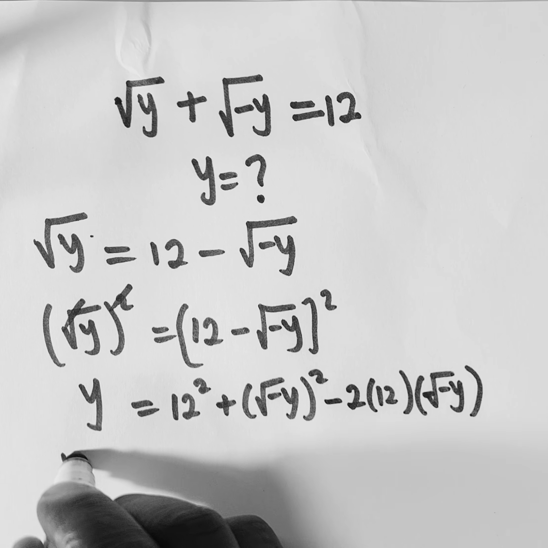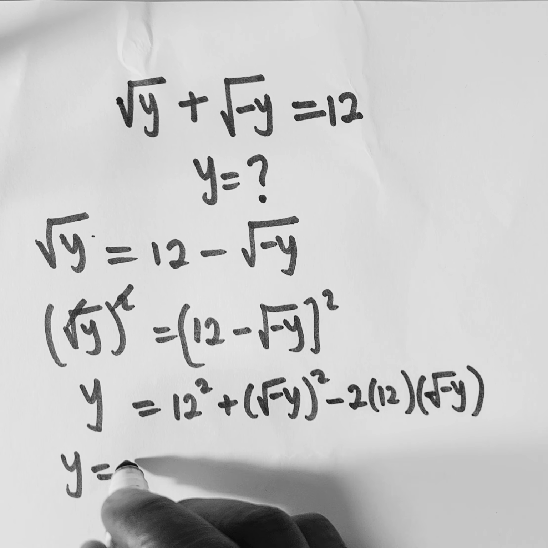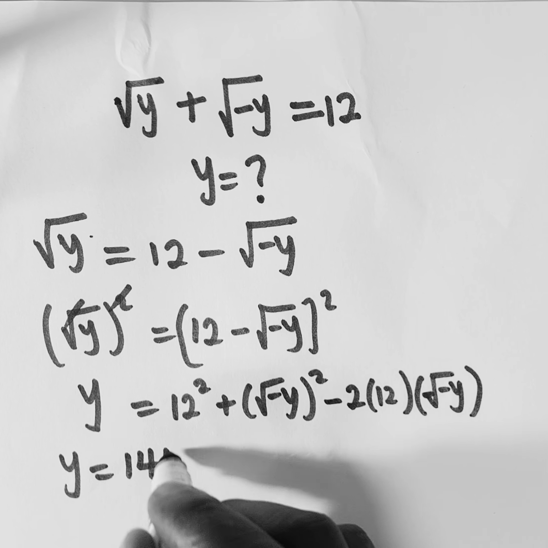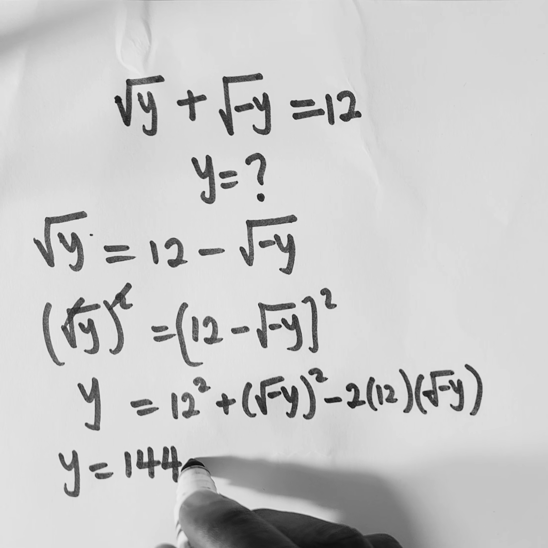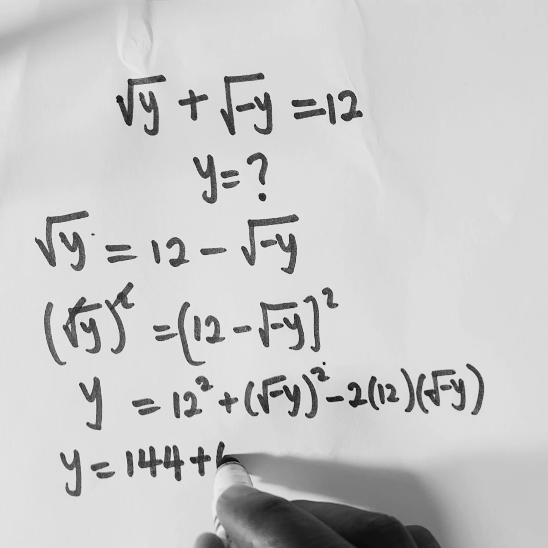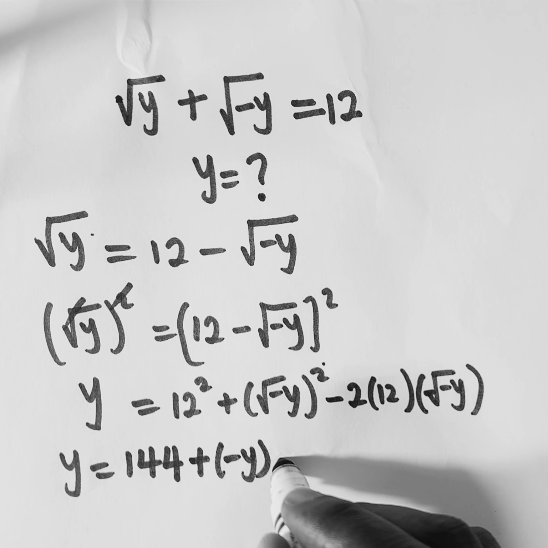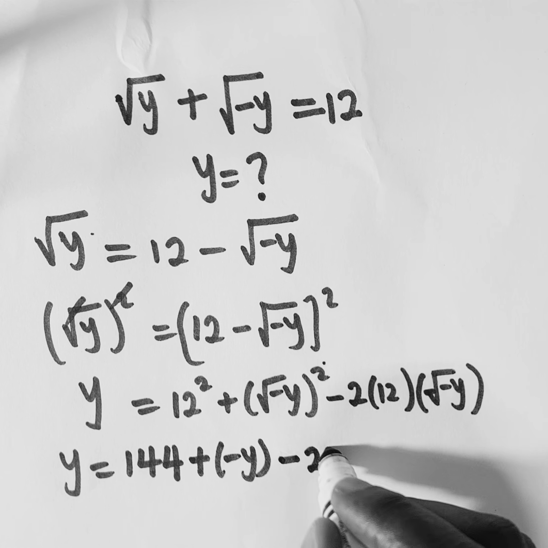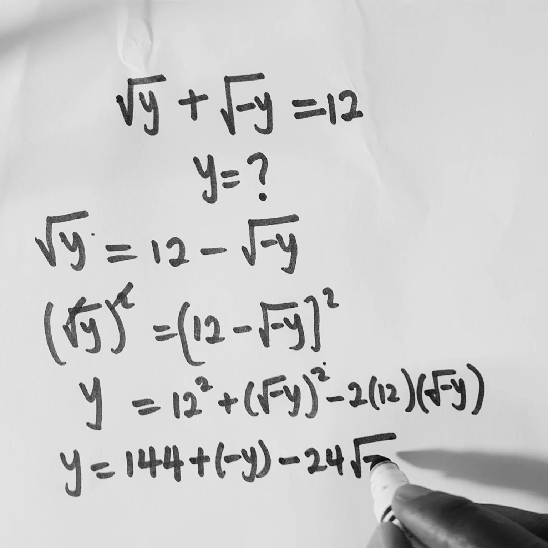Next, I'm going to have my y equals 12 squared, which is 144, plus, this square cancels out the square root, we have negative y. And here we have negative 24 times the square root of negative y.